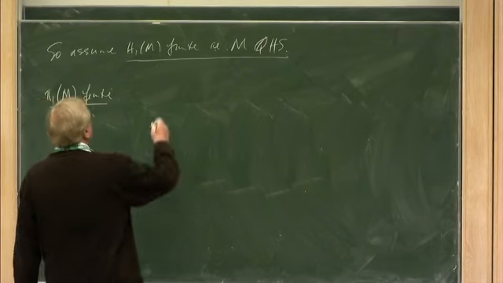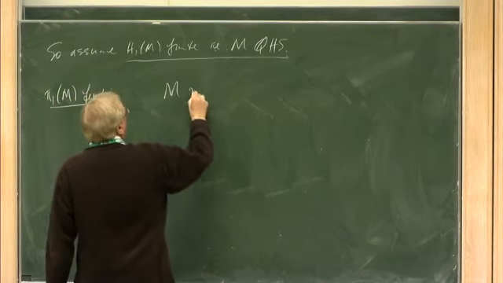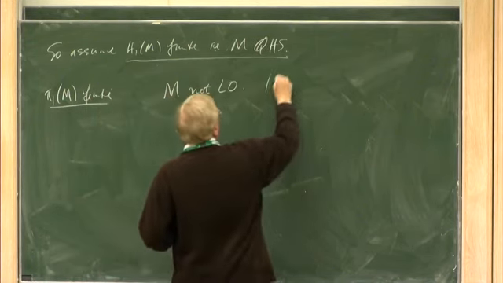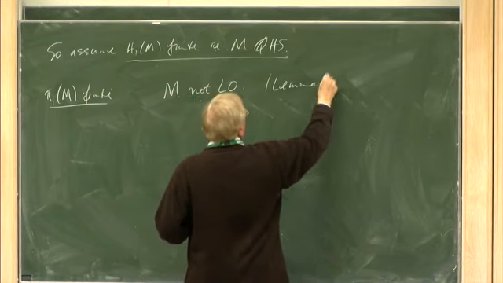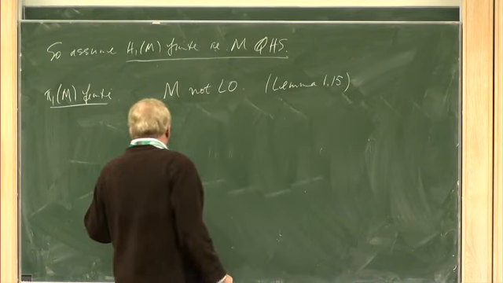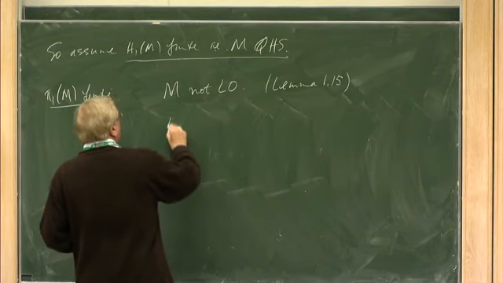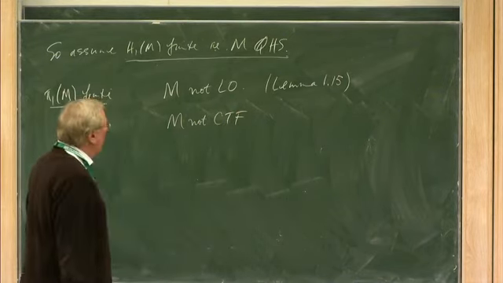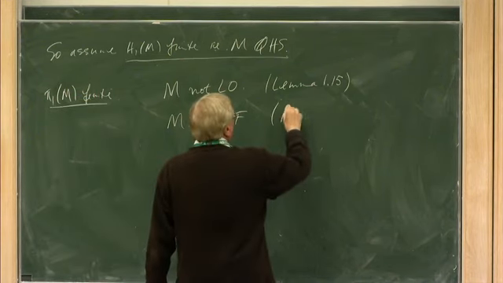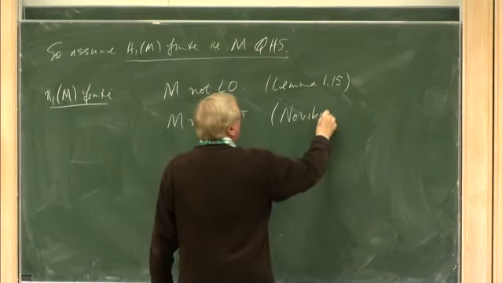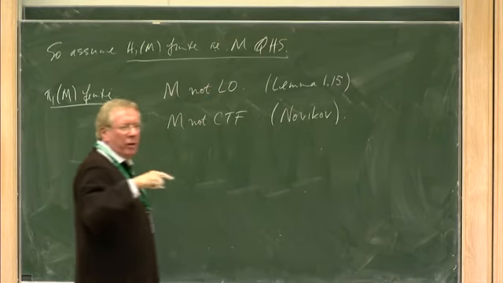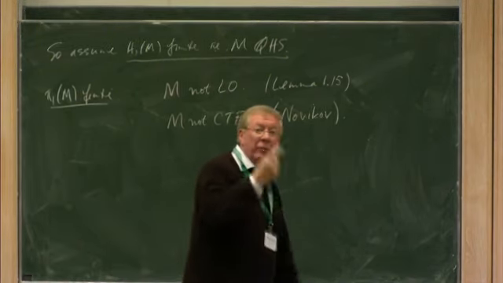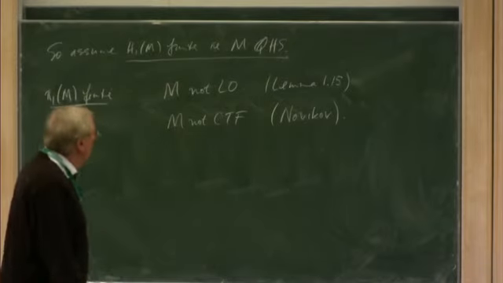So if pi1 of M is finite, then M is not left orderable. That was lemma 1.15, I think, way back. So that's obvious. And it turns out that M also does not have a co-orientable taut foliation. This is a theorem of Novikov, I think, that this transverse loop in the definition of tautness actually has infinite order in pi1.